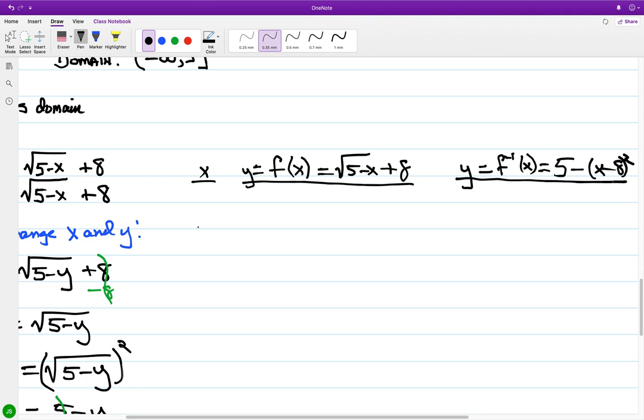I'll just mention, for the domain of this function, that was the set of values of x less than 5. So whenever x is 5, the corresponding y value is 8.